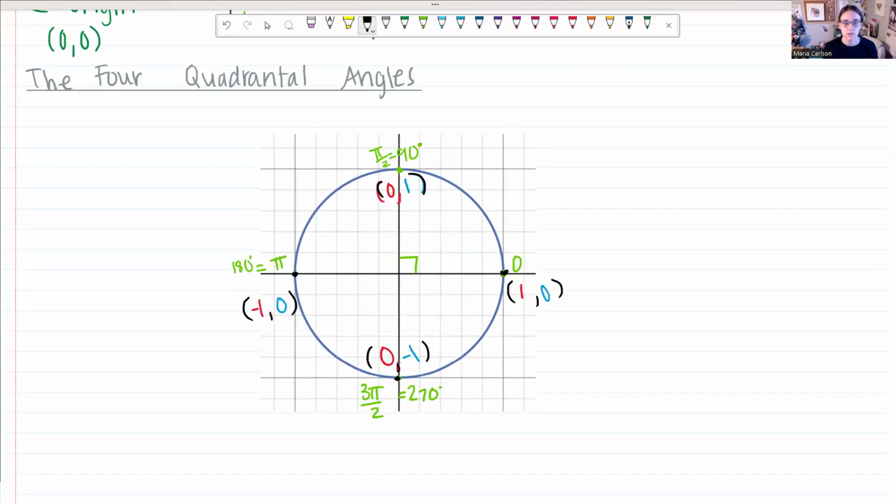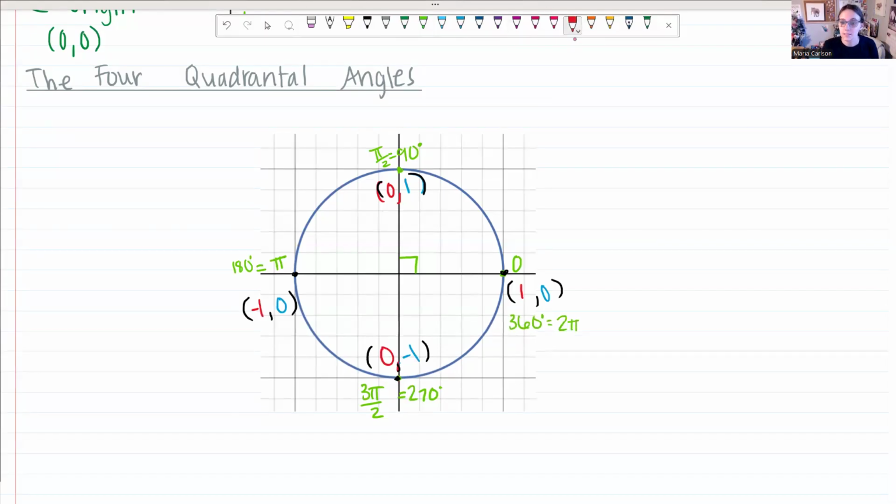All right, so we've labeled the 4 positions, and now let's talk about the values of cosine versus sine here. Let's start with 0 as our angle, which also note is the same thing as 360 degrees or 2 pi. And we'll come back to that at the end.